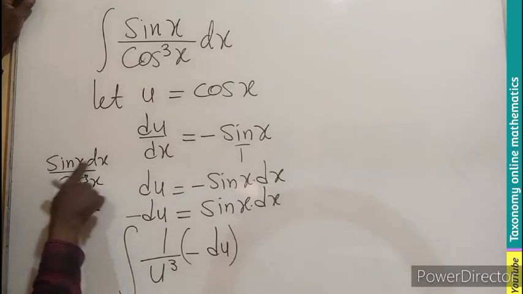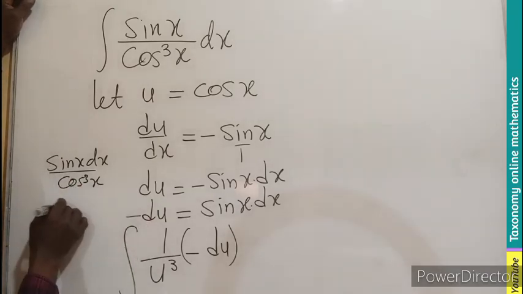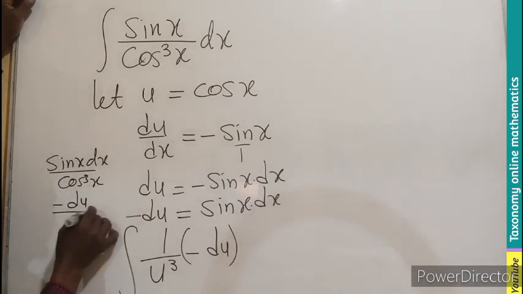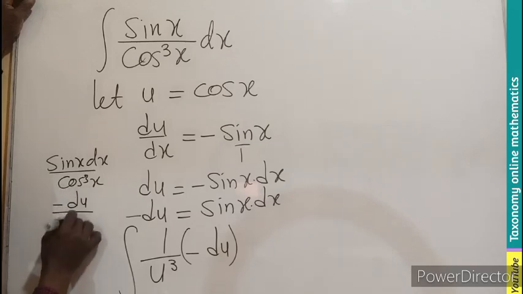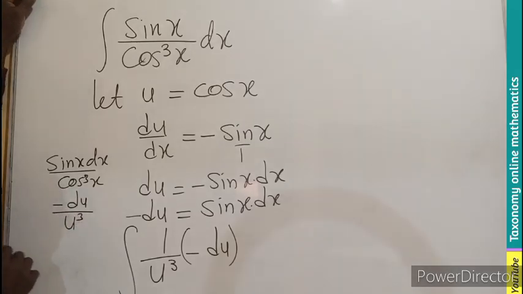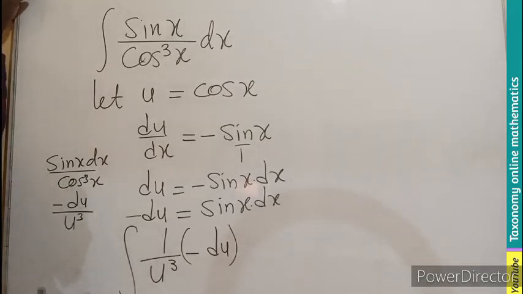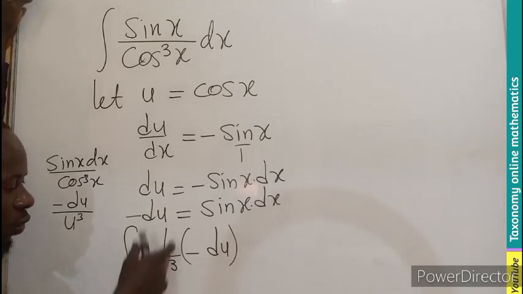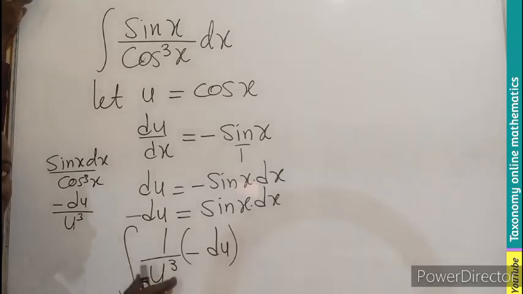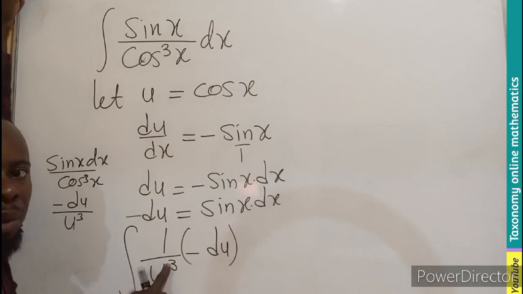So if I replace all of these by negative du, this is in this form. And we know this being a fraction, we can shift it to multiply by 1. So we can perform this integration; we just take a negative power.